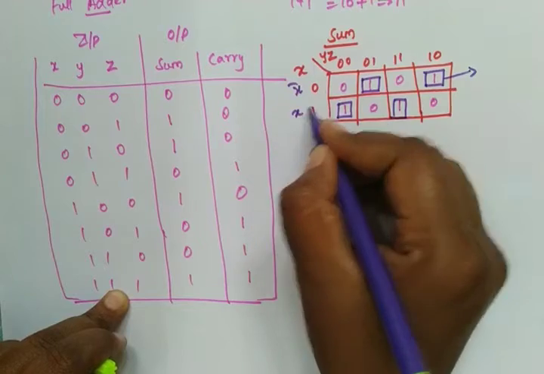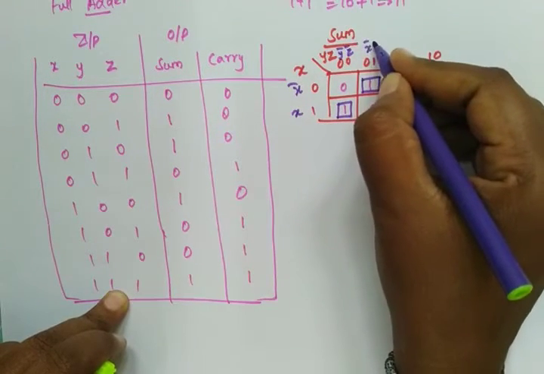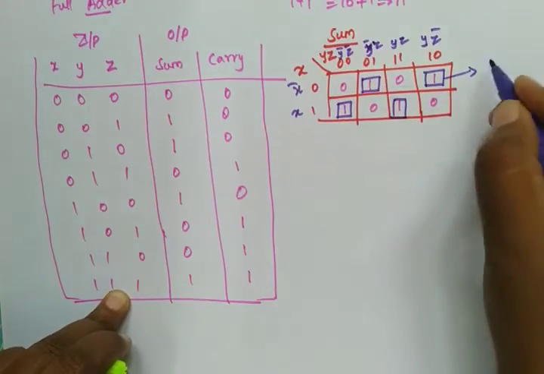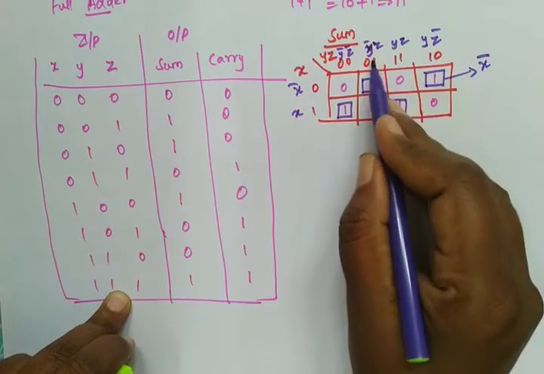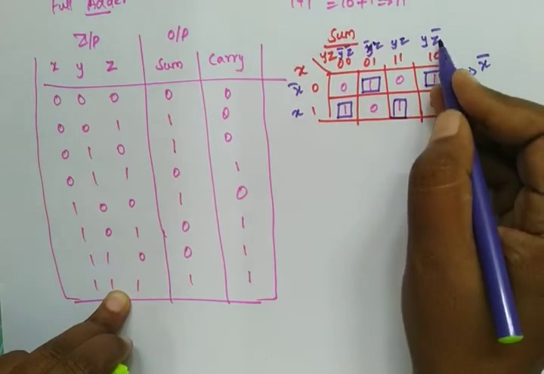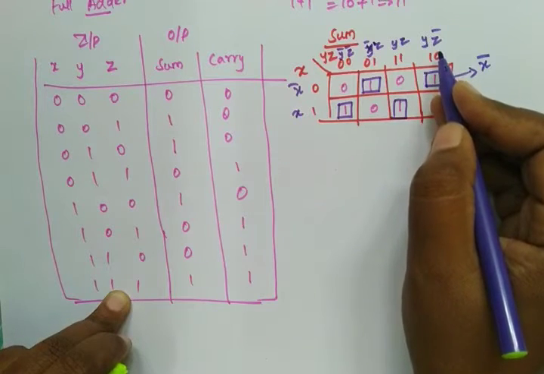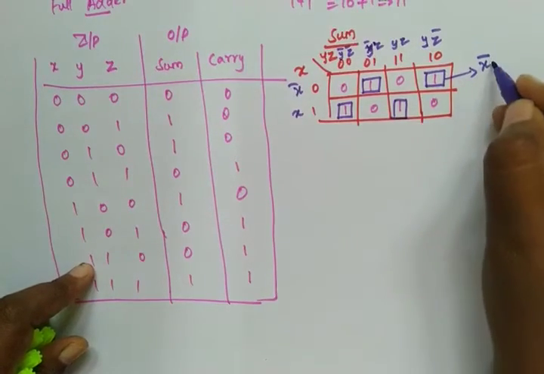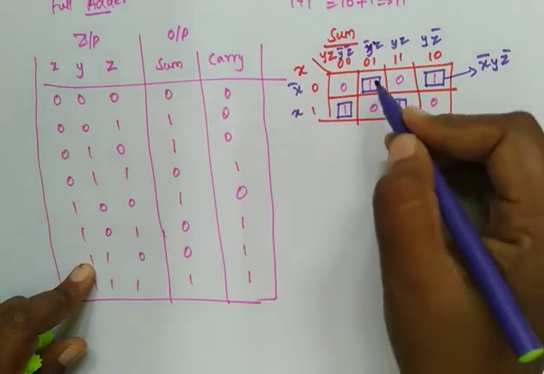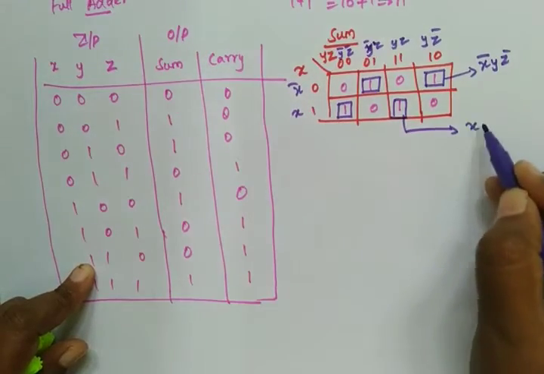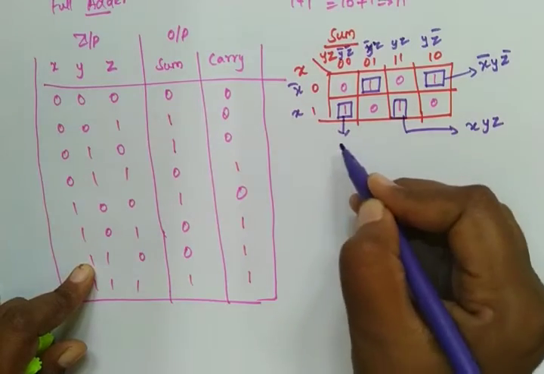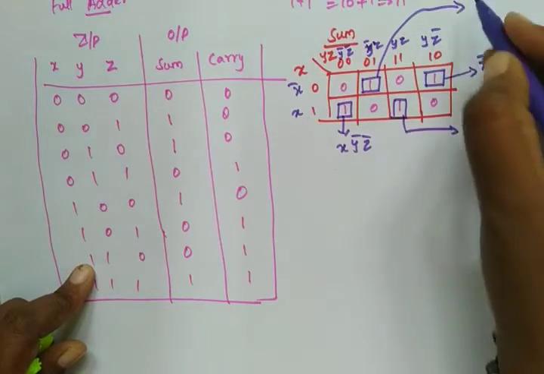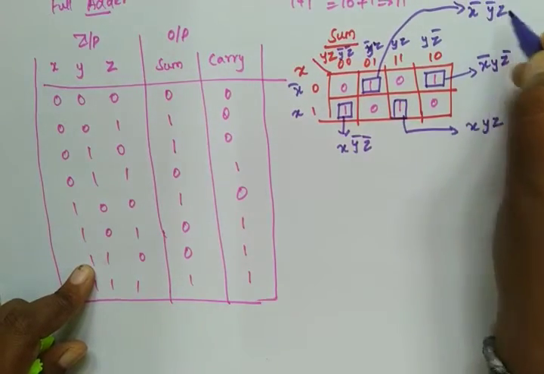These are x bar y bar z, x bar y z bar, x y bar z bar, and x y z.